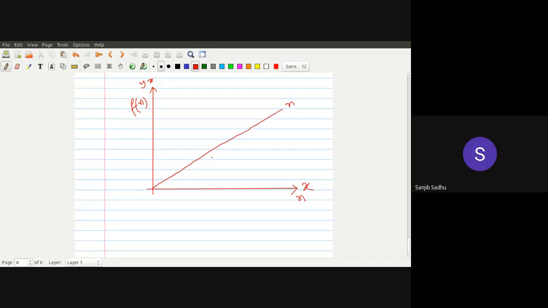This is the n curve, then you will get n square, then n cube, then 2 to the power n. So 2 to the power n means exponential, not polynomial. Any constant to the power n is exponential, the constant may be 2, 3, 4, whatever. Polynomial means n to the power k, where k is a constant.